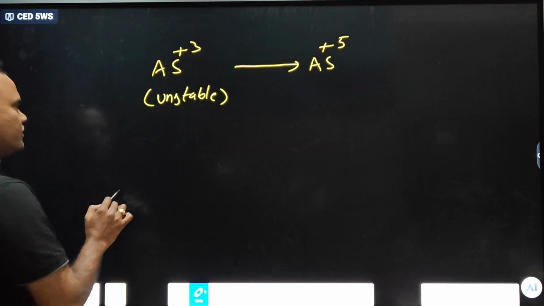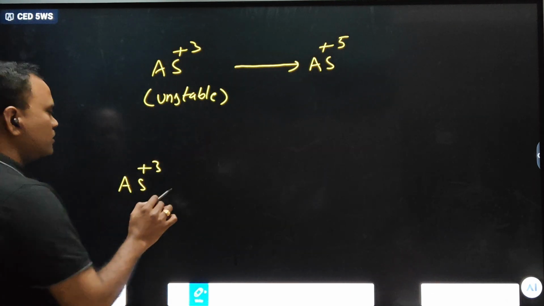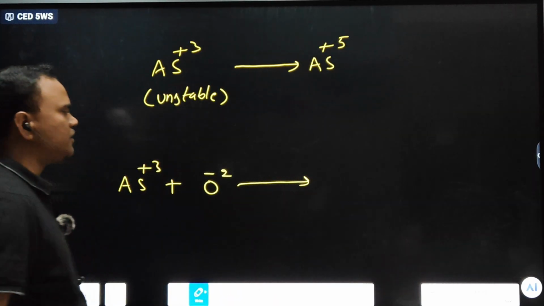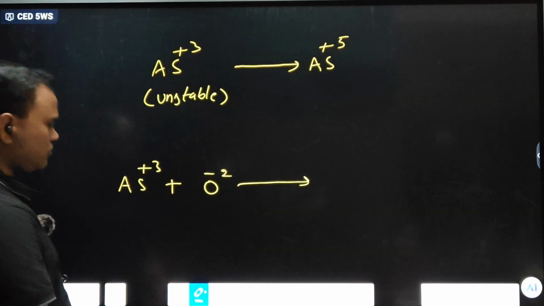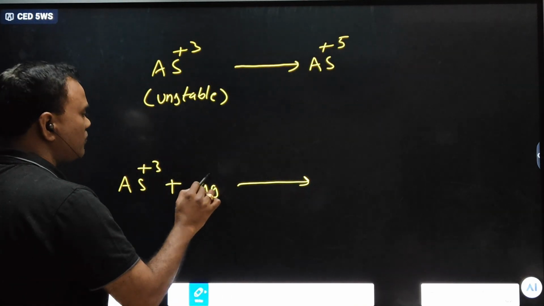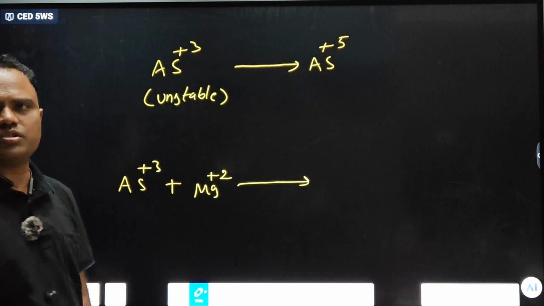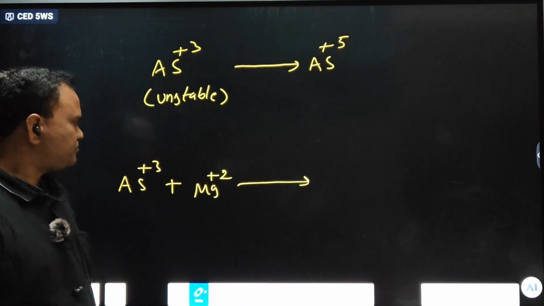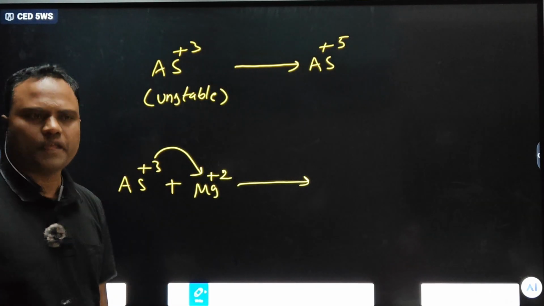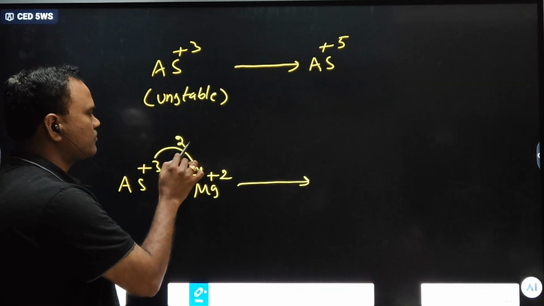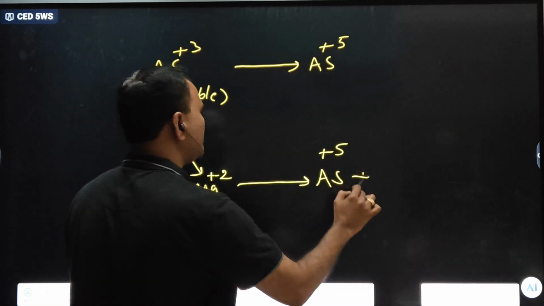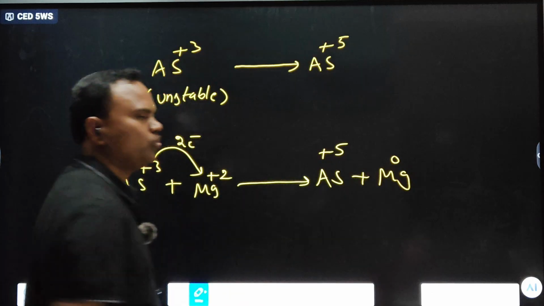Okay, let us take one example. Arsenic plus 3, and let us consider oxygen is carrying 2 electrons. Now I am taking magnesium plus 2 here. If arsenic plus 3 gives 2 electrons, in reverse, arsenic converted to arsenic plus 5 and magnesium 0.